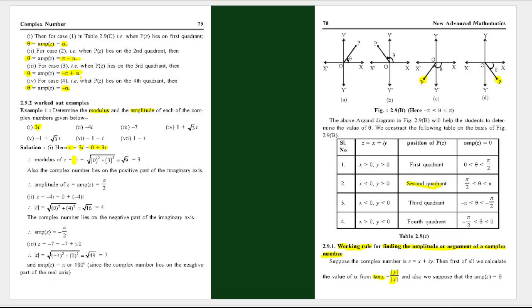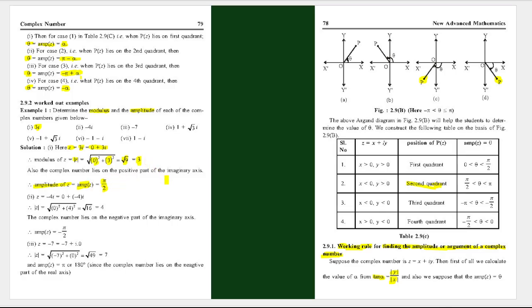Then the modulus is the square root of x square plus y square. So 0 square plus y square, our y is 3, 3 square. Root over 9 is what? 3. Now the complex number lies on the positive part of the imaginary axis. So the amplitude will be pi by 2.